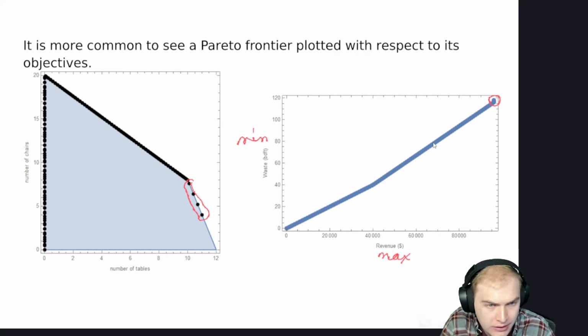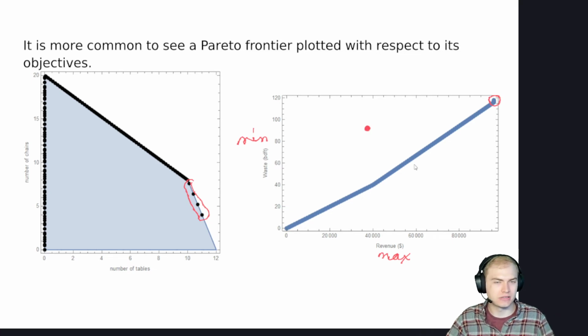So if we had a point here on the Pareto frontier, or correction, let's plot a point here. Suppose we had a solution that gave us that objective function value.